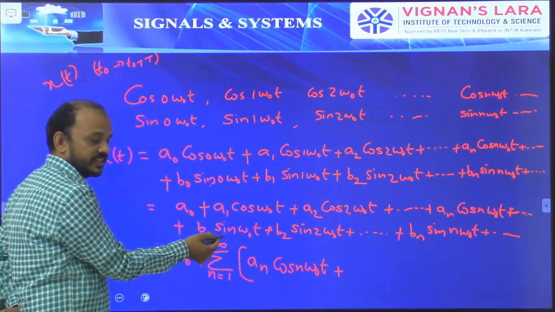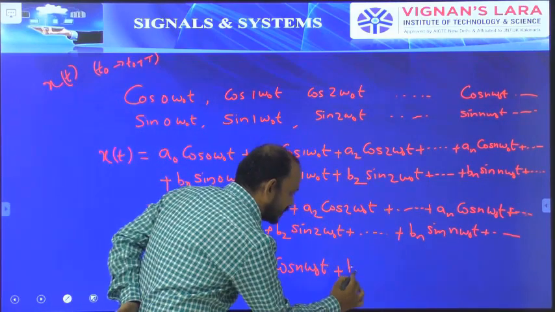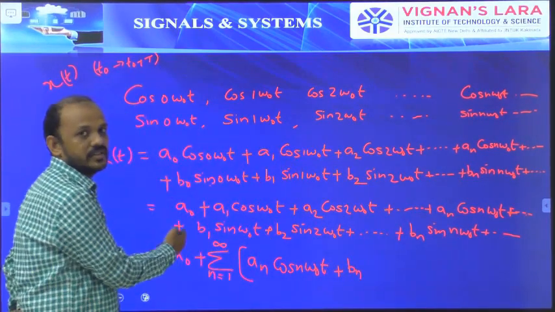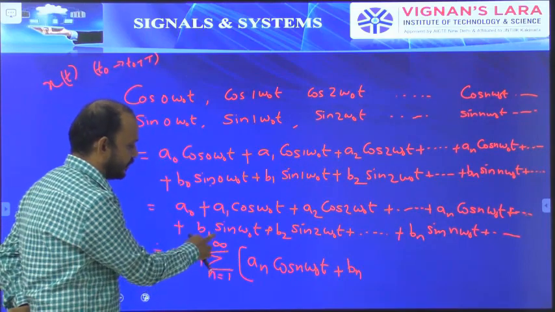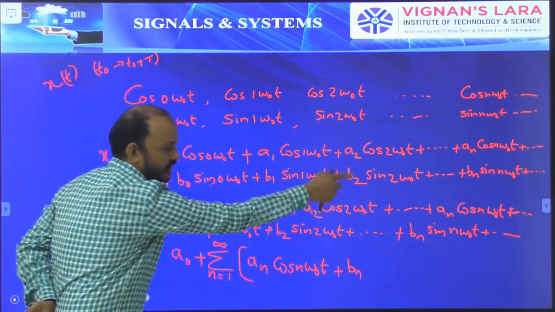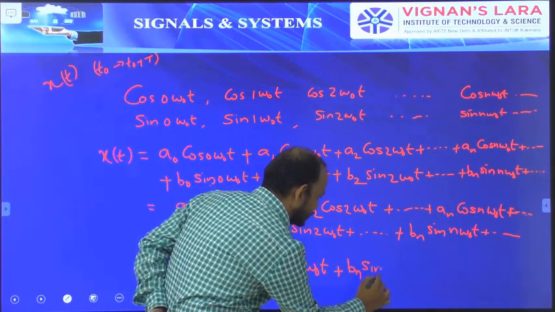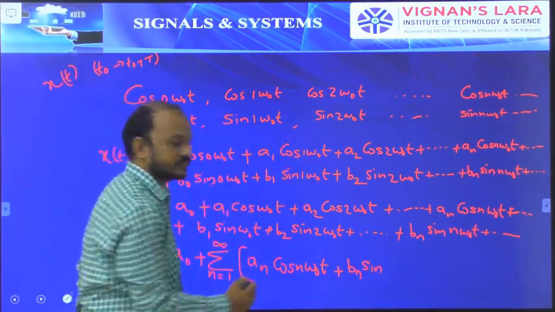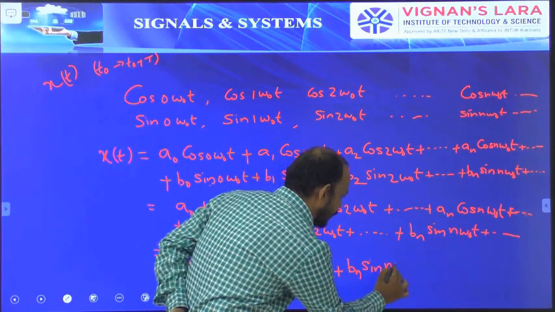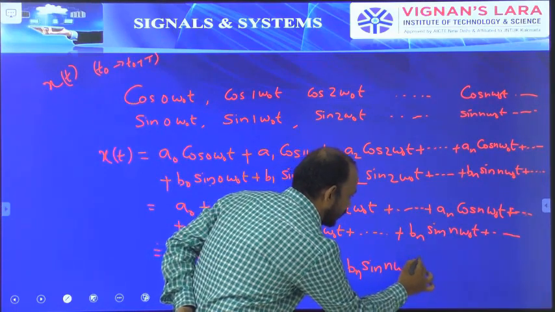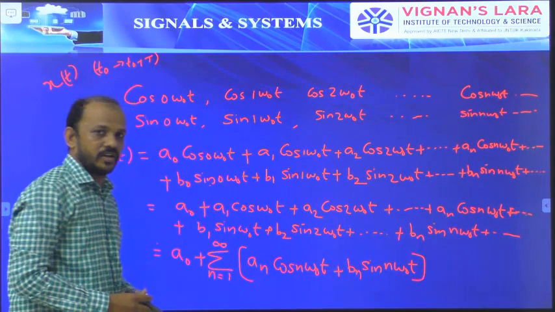Plus, on the other side we have to write bn, because n value is from 1 to infinity, so b1, b2, b3, bn and so on. So bn sin n omega naught t.